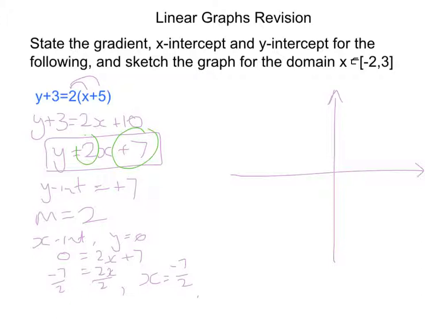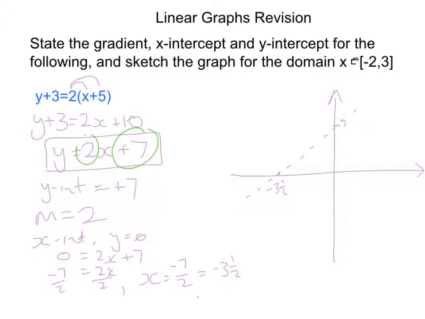So to sketch this graph, the x-intercept is negative 7 over 2, which is negative 3.5, which would be here somewhere. And the y-intercept was plus 7, so our graph would go through something like that, where we have negative 3.5, and the scale's out a little bit here, but that would go through at 7.